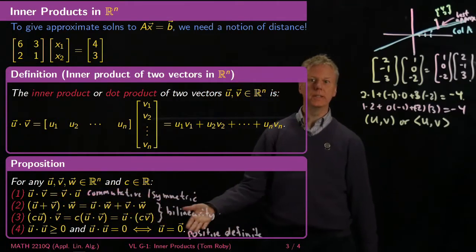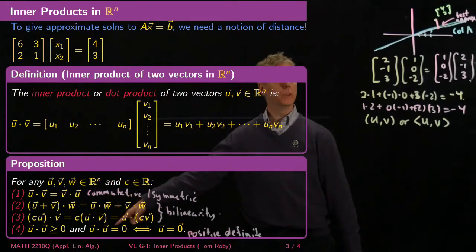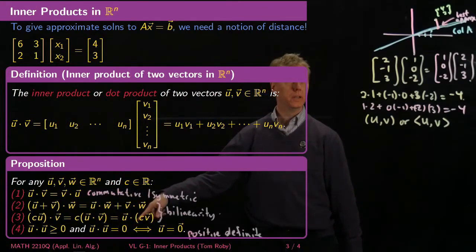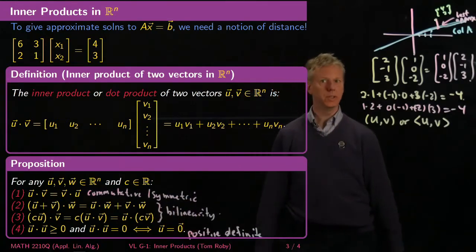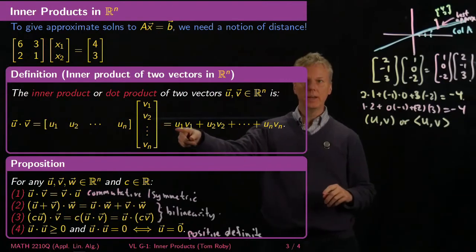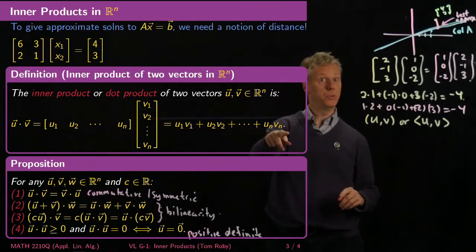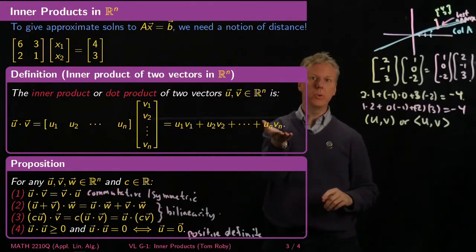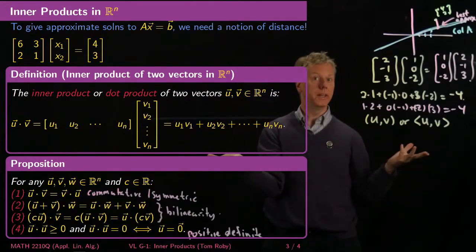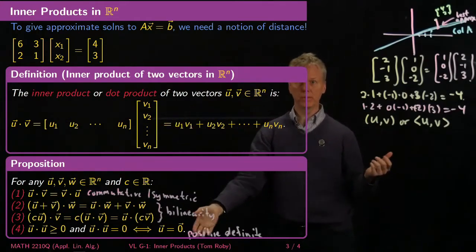And the definiteness is saying, if the dot product of a vector with itself is 0, then that can happen if and only if the vector is 0. And from this definition, that's pretty obvious, right? Because if u and v are the same, then this becomes u1 squared plus u2 squared plus dot dot dot plus un squared. So if I'm summing the squares of something, that has to be non-negative, and it can only be 0 if each of these terms is 0. Okay, so that proves this last one.